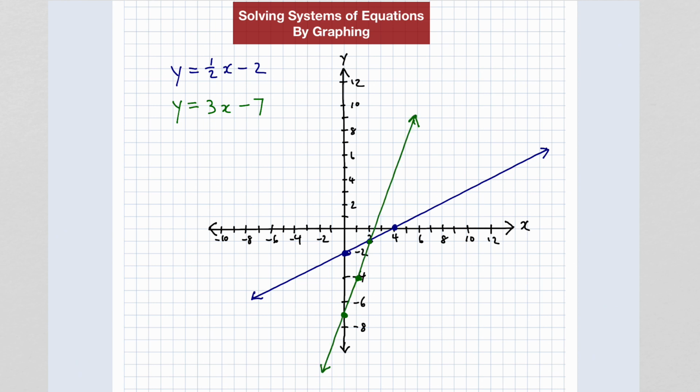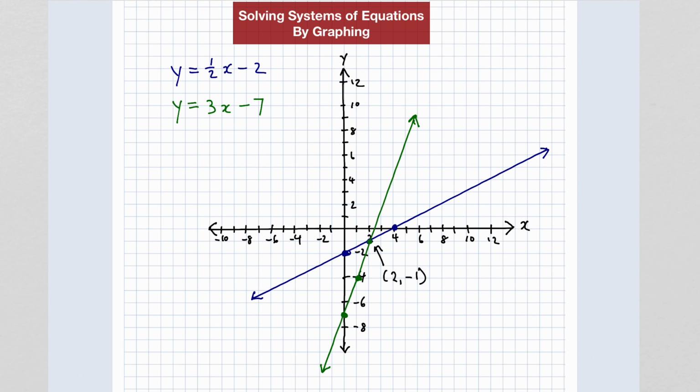And there you'll see that both the blue line and the green line intersect at this point right here. And since this point is (2, -1), let's go ahead and write that down. This is (2, -1).